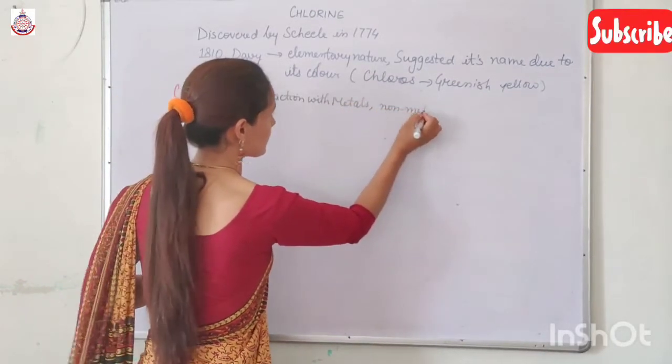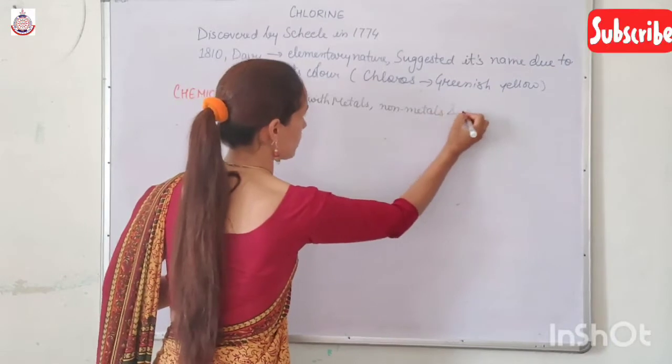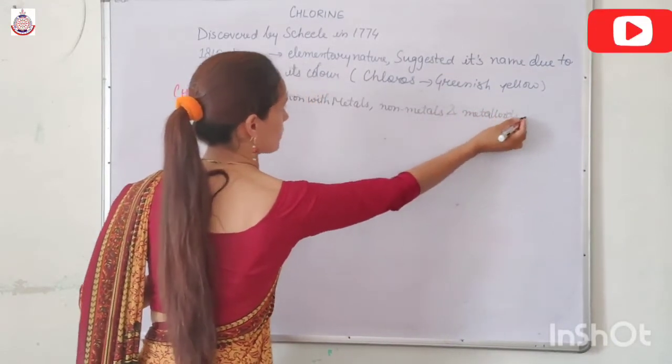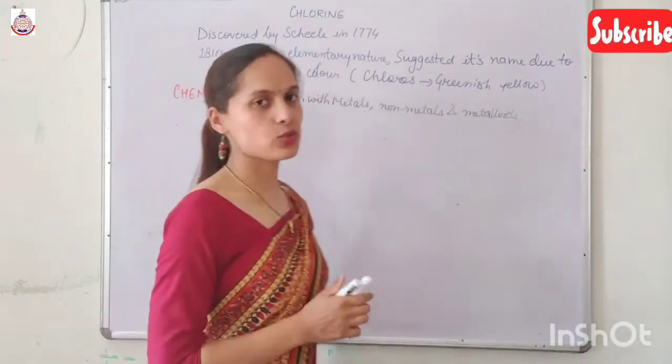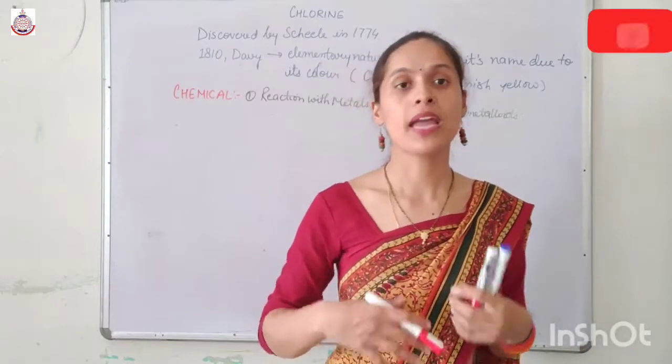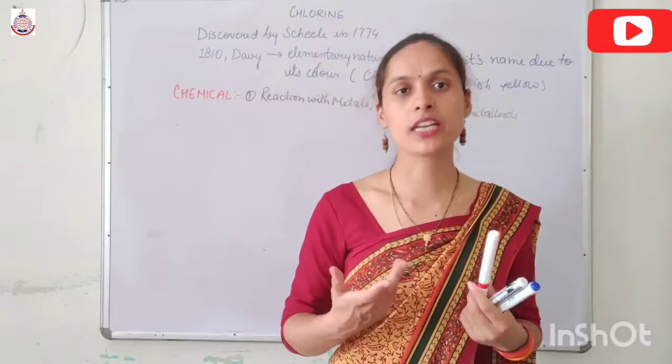So chlorine has a tendency to react with all three, that is metals, non-metals and metalloids. Chlorine reacts with a number of metals, non-metals and metalloids to form their corresponding chloride.